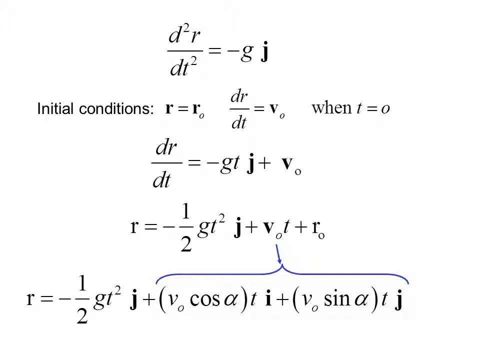Notice this v sub 0, as well as this one, are not vectors. They represent the speed of the projectile. And we add plus 0 at the end because r sub 0 is 0.